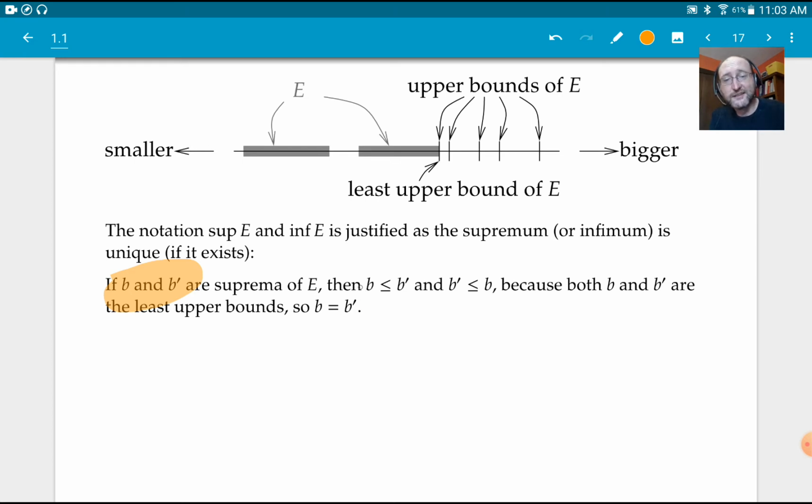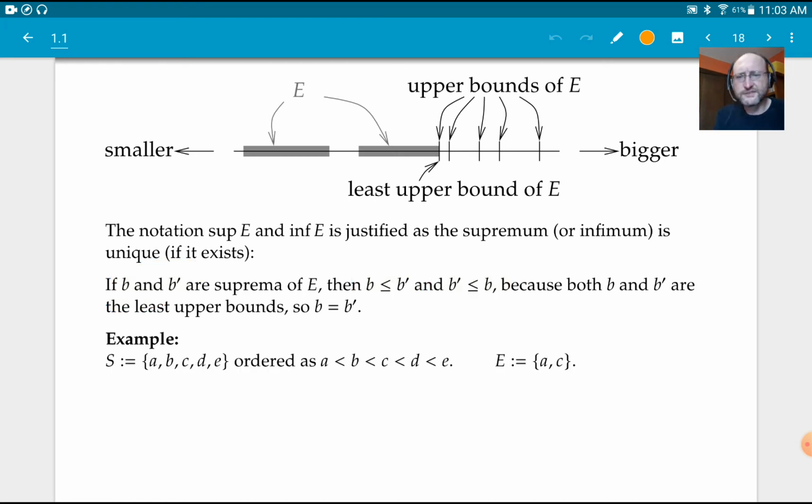And so we have that B, being the least upper bound, is less than or equal to B prime, since B prime is any other upper bound. Well, the same thing: B prime is the least upper bound, so it's less than or equal to any other upper bound, namely B. So that means that B is equal to B prime. So there is only one supremum if it exists. It doesn't have to exist, but if it exists, there is only one.